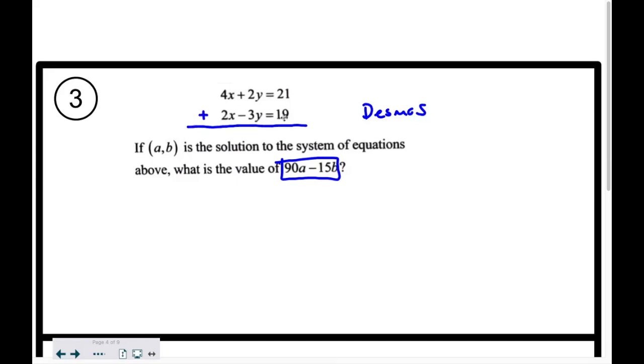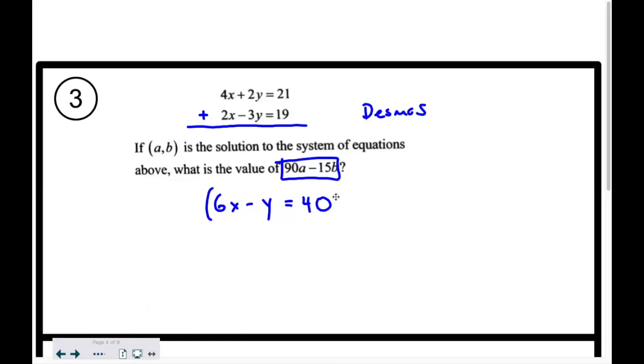I'm just going to add these together. Notice I am not doing the elimination method because I'm not eliminating anything. I'm simply adding them together and noticing what I get. And when I add them together, I get 6x minus y equals 40. And then I want to think about how this is related to the thing that I'm looking for.